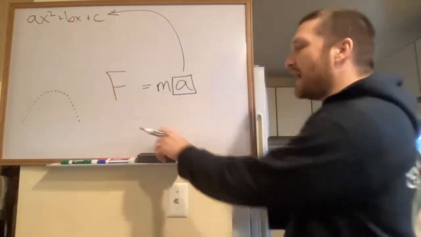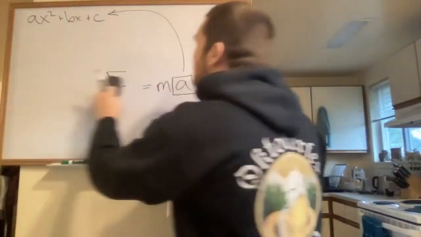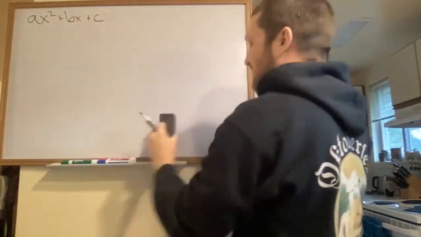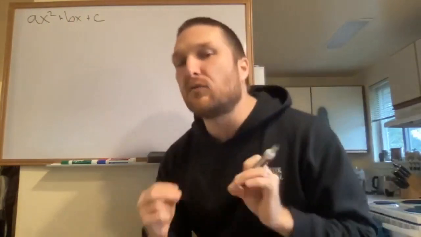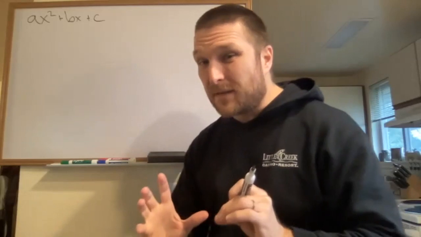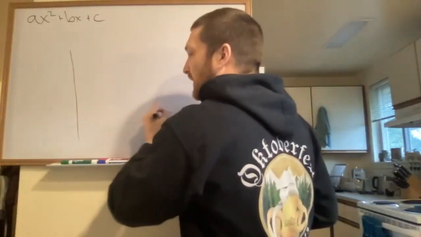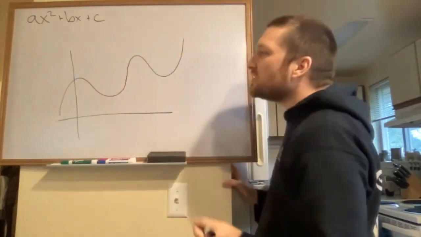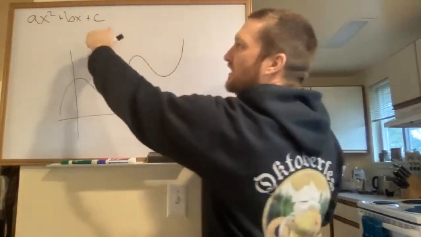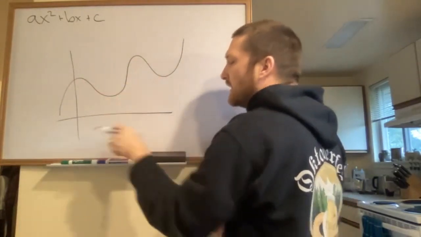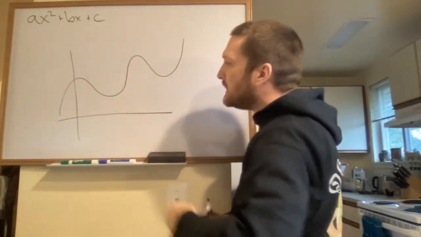I just pulled a few examples out of thin air, and those are just very concrete realizations of this. It turns out that pretty much any phenomenon you have in the world, if you were to graph it and it does something, you could use parabolas to approximate these things.